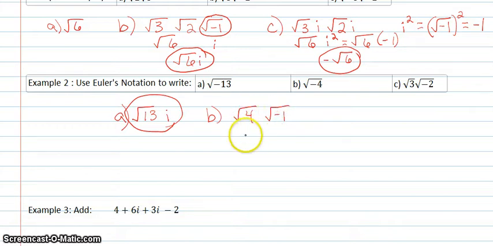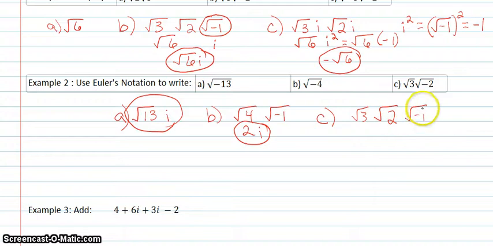So the square root of 4 is a 2, and that square root of negative 1 is an i, so it's 2i. Then on C, let's split up that negative 2 square root, so the square root of 3 times the square root of 2 times the square root of negative 1. So we'd have our square root of 6, and that square root of negative 1 is the i. So it's the square root of 6 i.